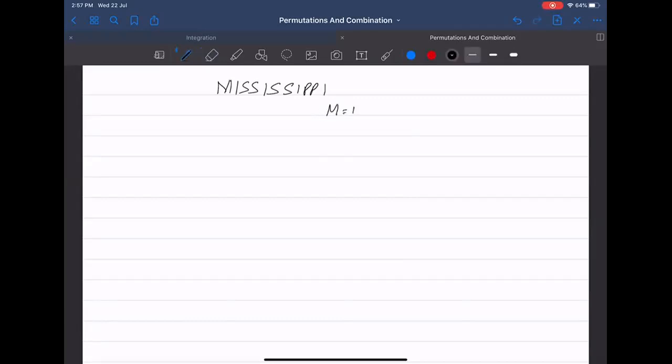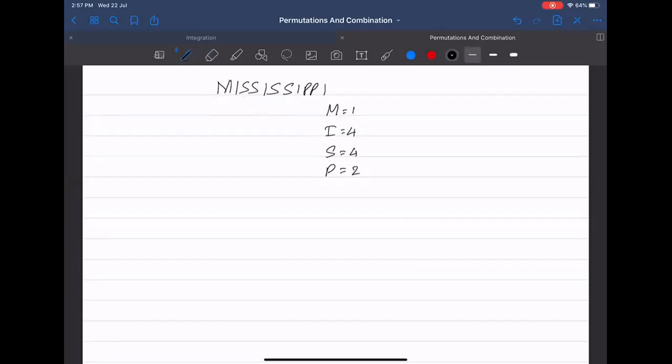M is 1. I appears 4 times, S also 4 times, and P 2 times. Altogether, how many? 11. Confirm it: 1, 2, 3, 4, 5, 6, 7, 8, 11. I haven't missed any.